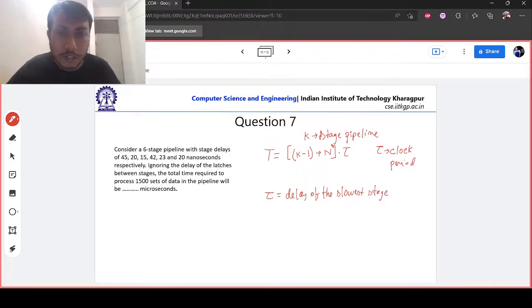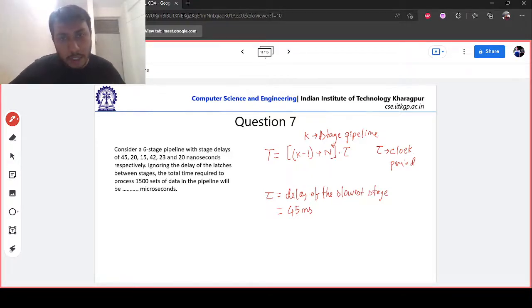We have been given a set of delays here. If you notice 45, 20, 15, 42, 23, 20, what is the slowest stage? That is the slowest delay, 45. So 45 nanoseconds is the clock period.